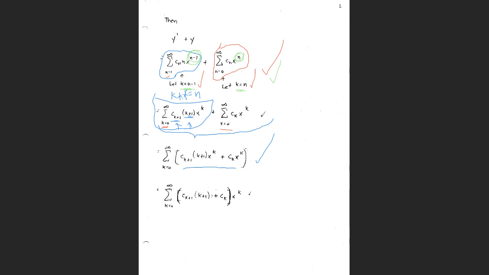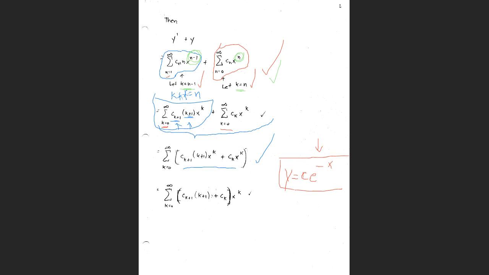But what we want to do now, remember, the general solution to this differential equation, we already know it equals some constant times e to the negative x. That's what the general solution is to our differential equation.